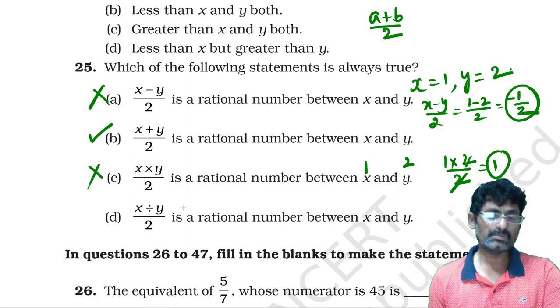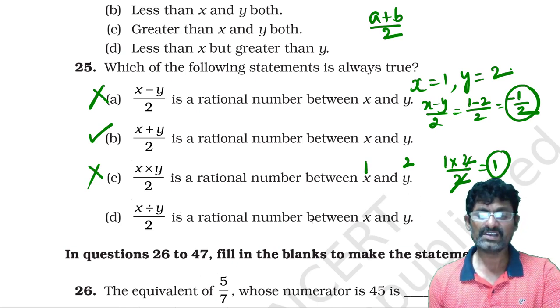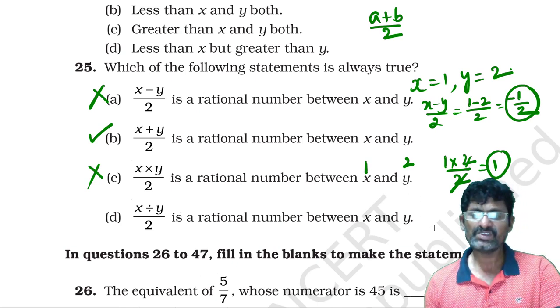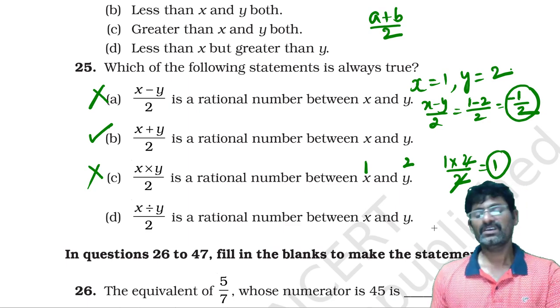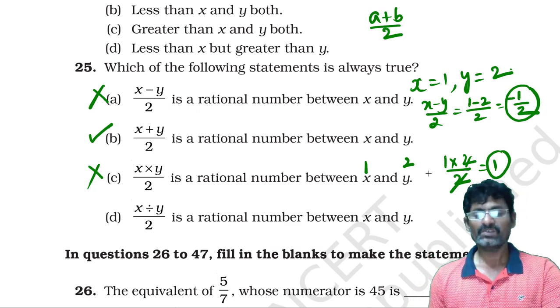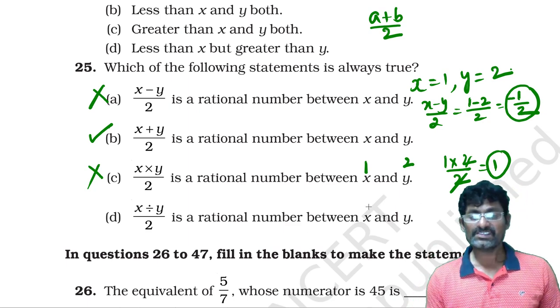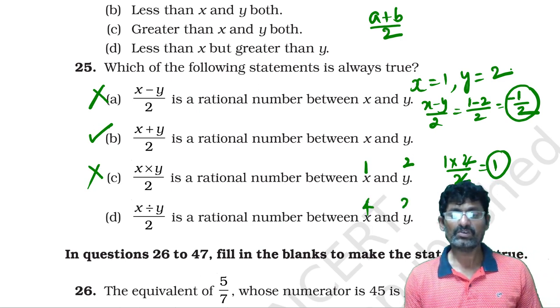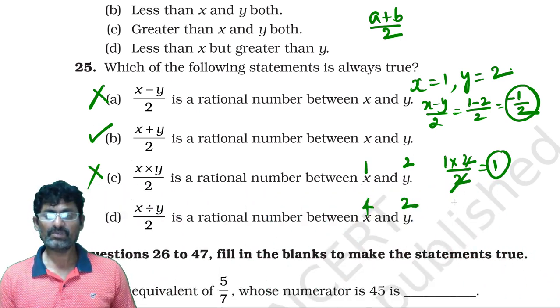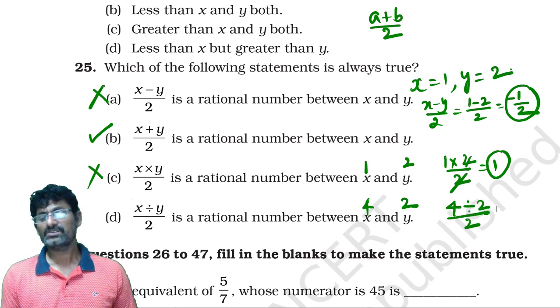Option D, x divided by y all over 2 is a rational number between x and y. Of course, we can take 1 and 2 as the example for this one. But for a simple calculation, let us take x equal to 4 and y equal to 2. So then x divided by y means 4 divided by 2 all over 2. So this is equal to 4 divided by 2 means 2.